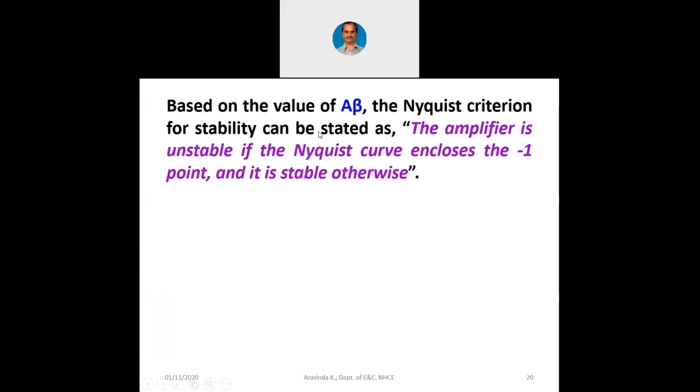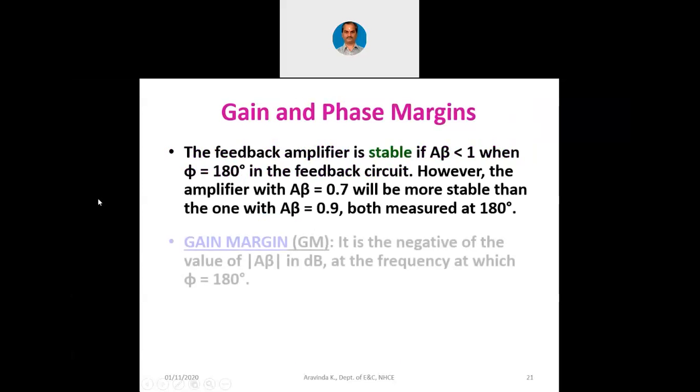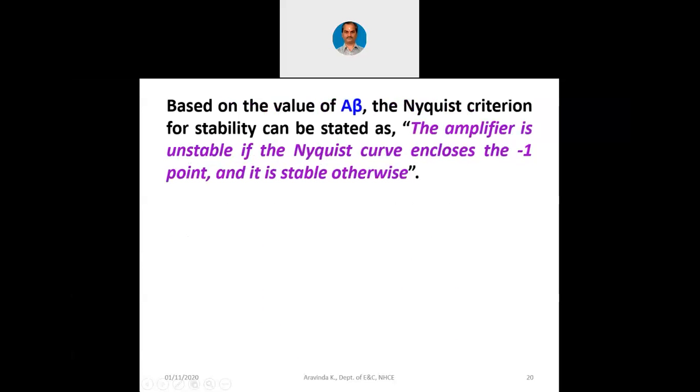Based on the, I am unable to see the upper point here. Okay, now I am able to see. Based on the value of A beta, the Nyquist criterion of stability can be stated as: the amplifier is unstable if the Nyquist curve encloses the -1 point and it is stable otherwise.